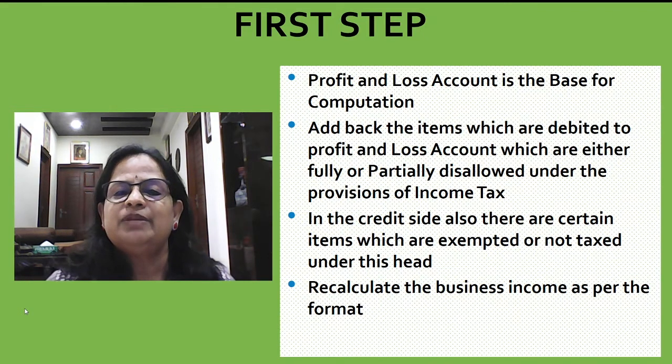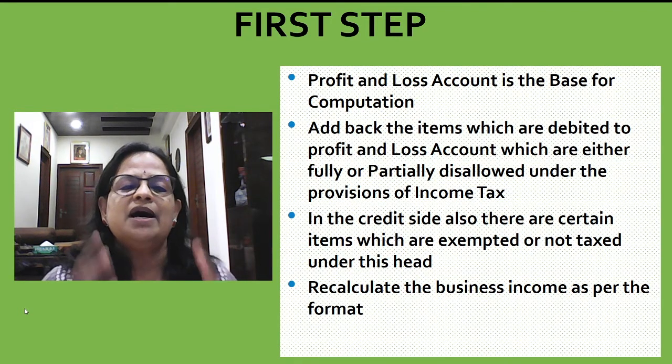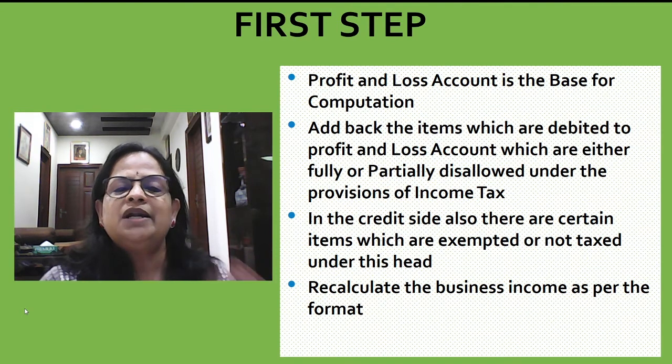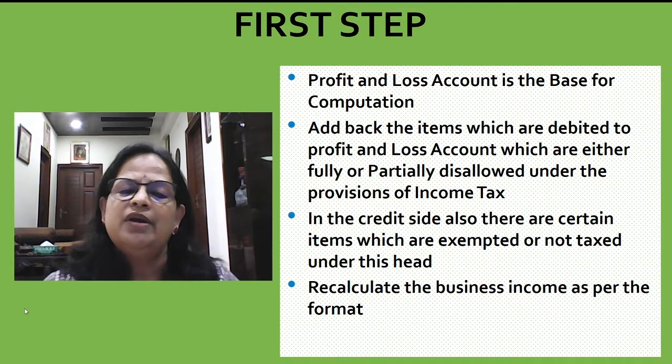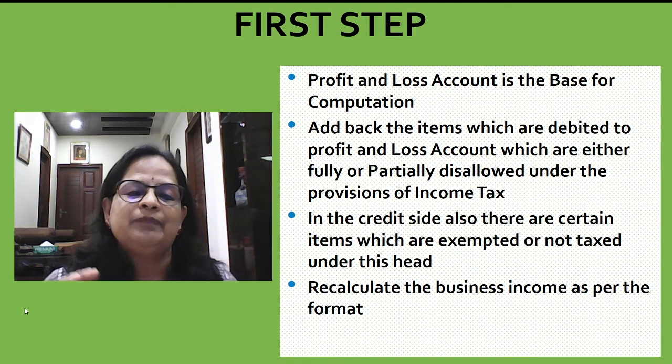Here you have to remember to add back the items which are debited to the profit and loss account which are either fully or partially disallowed under the provisions of the Income Tax Act. For example, car expenses are given, partly used for official purpose, that is business purpose, partly for personal purpose. The personal portion will not be allowed, so you will add it back.